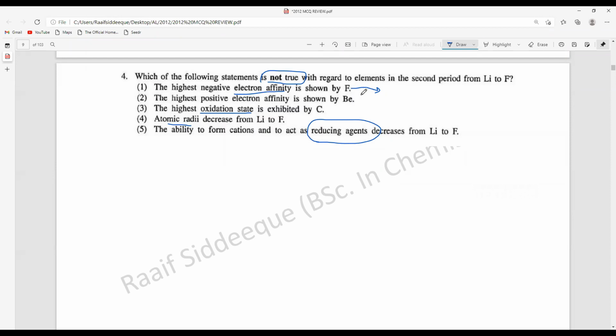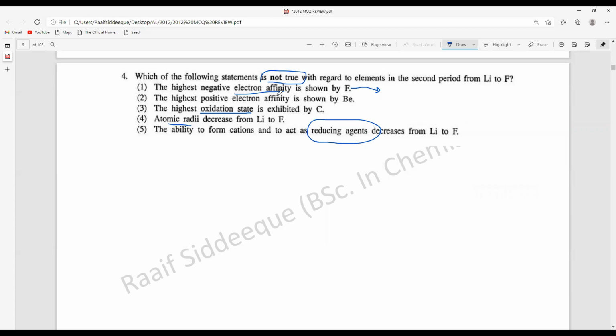When you consider the electronic configuration of fluorine, to complete its octet it needs one electron, which means it likes to get that electron and become stable. When the octet is completed, it is mostly stable.